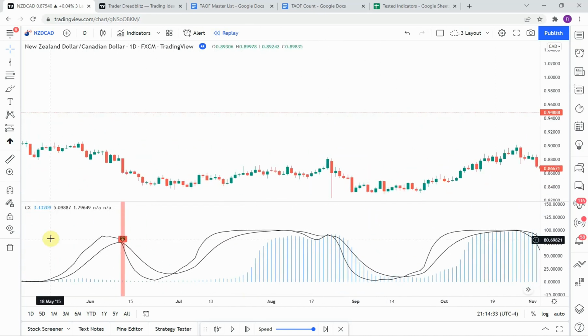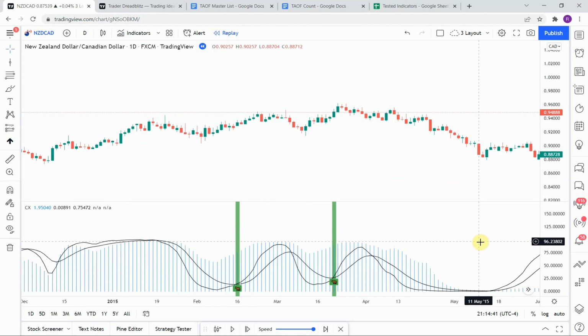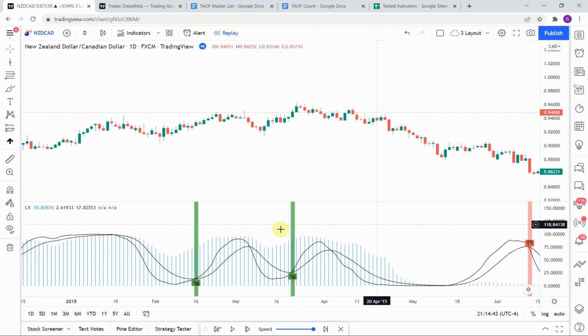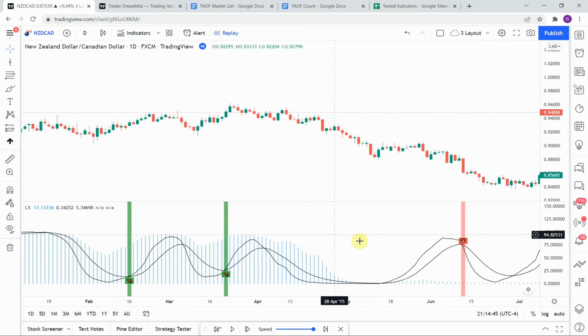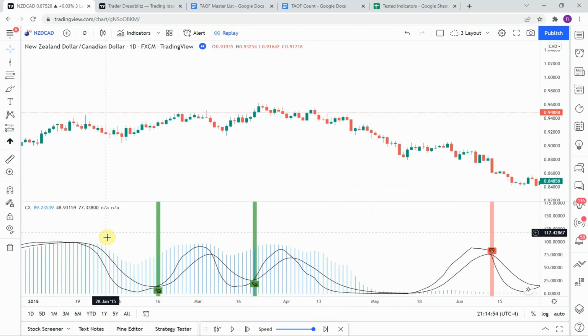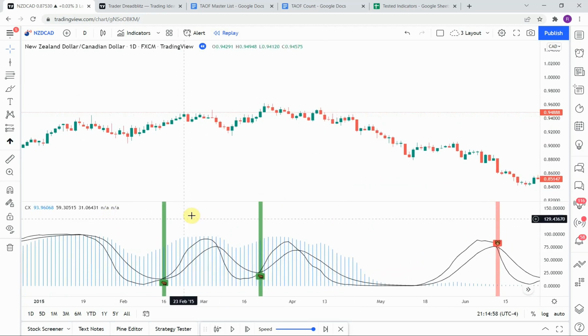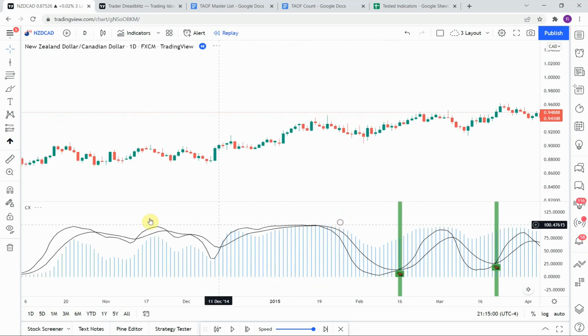Luckily, the creator of this indicator gave us these nice little bearish and bullish tags, green and red, so we don't really have to make assumptions about exactly where we get that decorrelation. We're looking for the maximum amount of decorrelation between these two indicators.